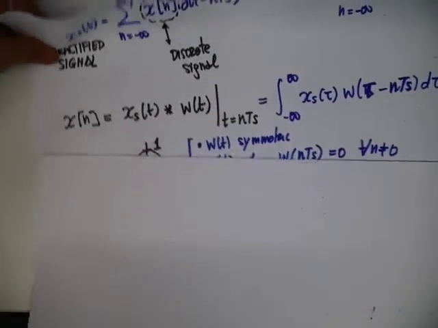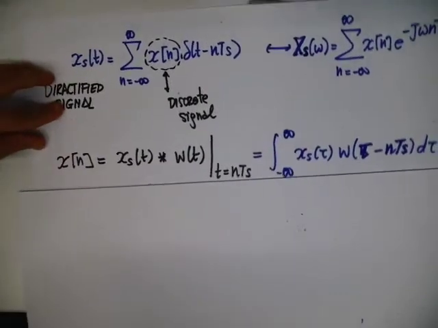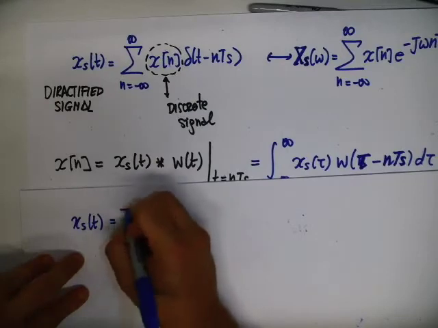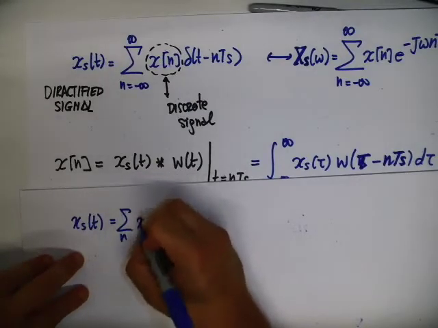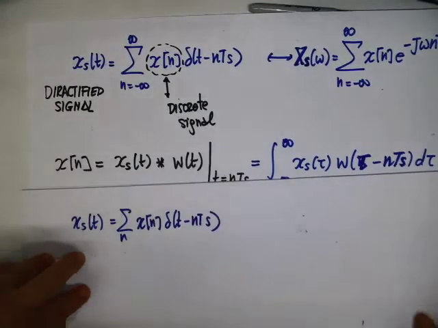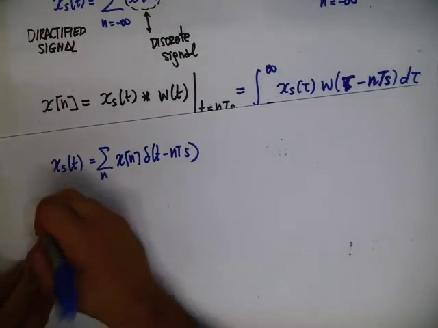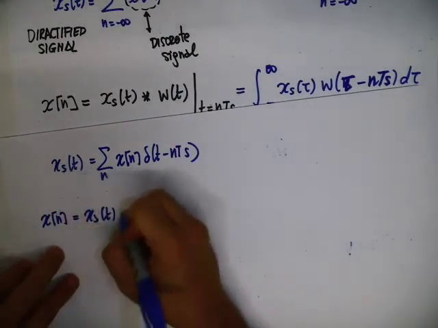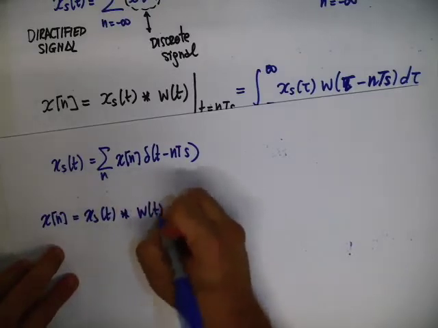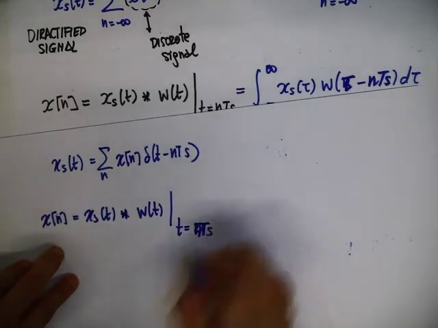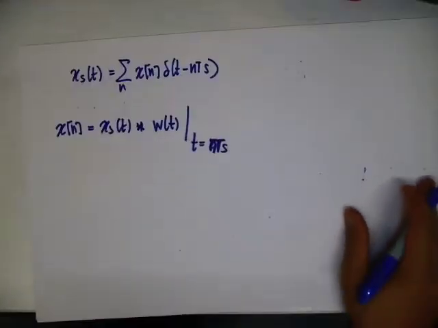And what do we show basically? We show that we have x_s of t equal to the infinite sum of deltas at t minus n Ts, and then I can recover x[n] from x_s of t convolved with w(t) computed at t equal n Ts.